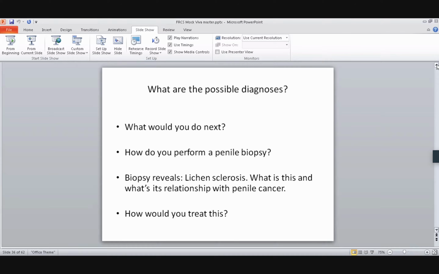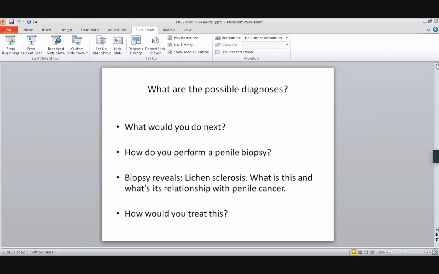The main thing with lichen sclerosus is it's actually very common in relation to penile cancer, which is very rare. So we don't quite understand the relationship between lichen sclerosus and penile cancer. LS is a benign condition. It is a risk factor for penile cancer, but most cases of LS do not progress to penile cancer.